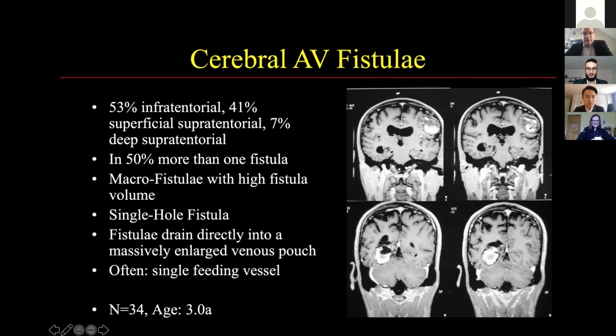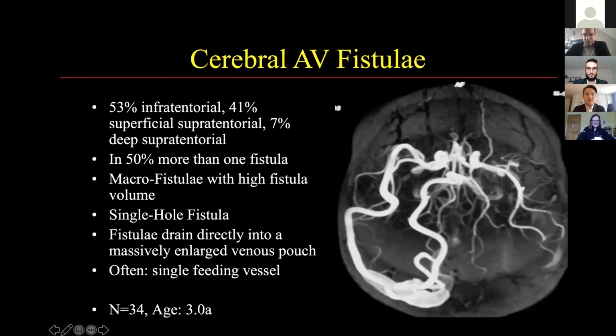What was very common in our experience was that you not only had one of those arteriovenous fistulae, but multiple. Arteriovenous fistula means that there's no intervening network, no nidus, between the feeding artery and the draining vein. Again, these were younger patients. The mean age was actually 3 years.